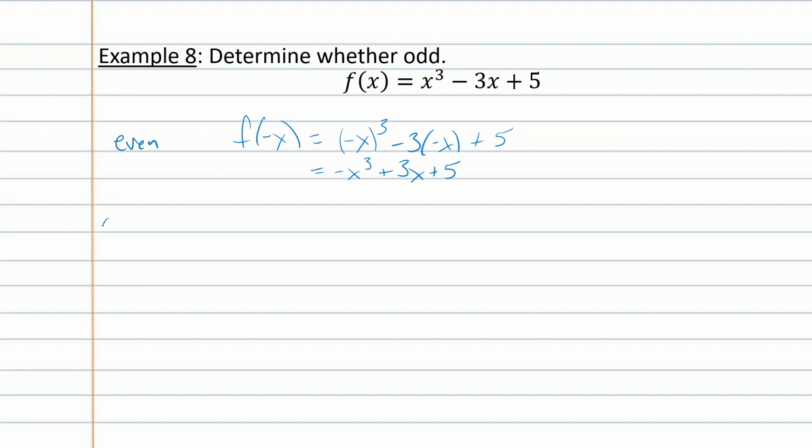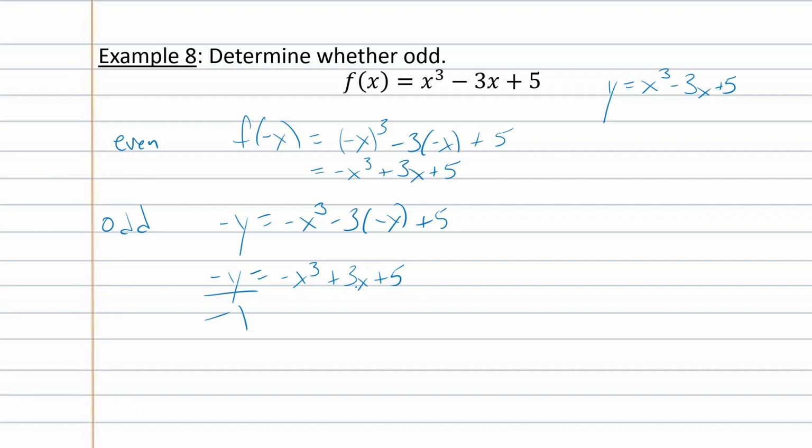So it's not even. But if you check to see if it's odd, like I said, I'm going to carry this over here, replace the f of x with a y, so that we're checking negative y equals negative x to the third minus 3 times negative x plus 5. If you go to simplify it down, you're going to get plus 3x plus 5.